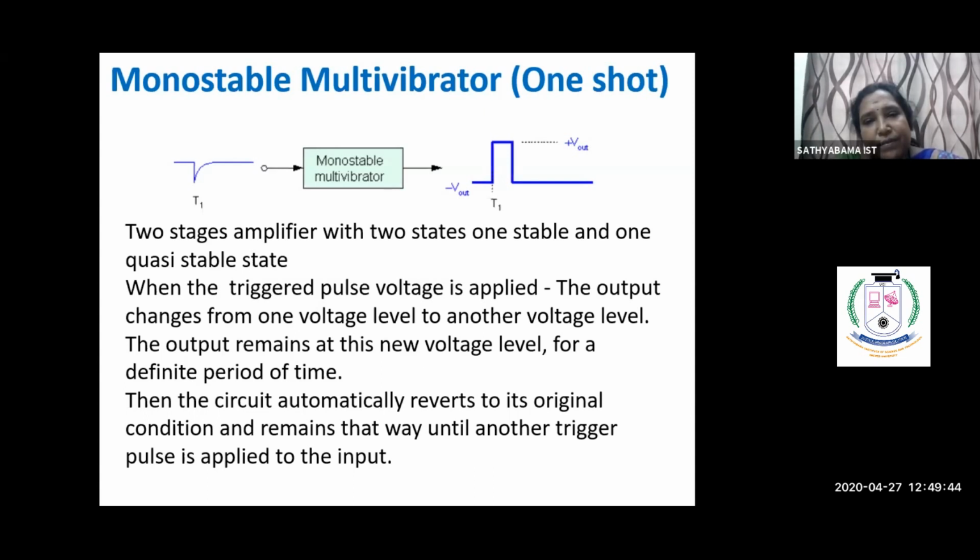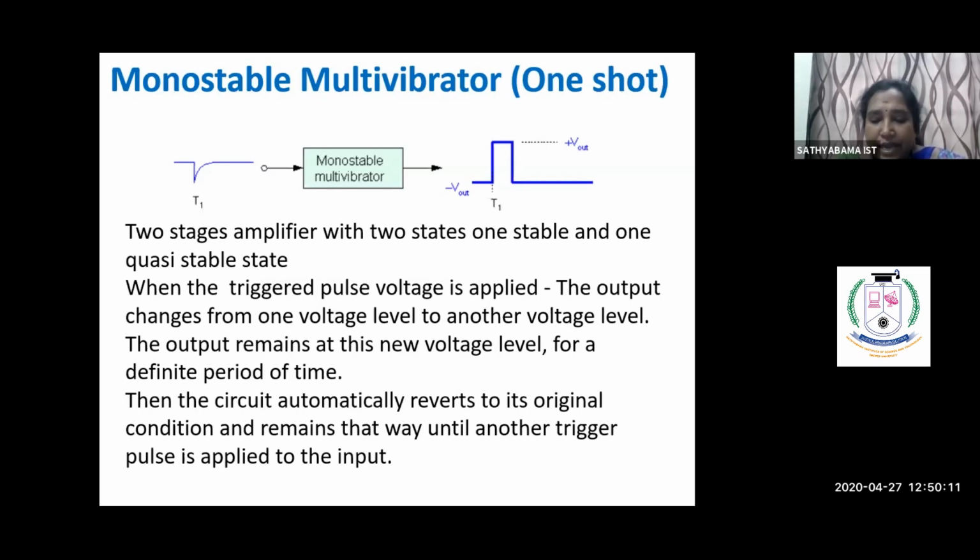Once you provide the trigger T1, the state changes from minus V out to plus V out. After some time the circuit automatically reverts to its original condition and remains that way until another trigger pulse is applied to the circuit. So this is the basic concept of the monostable multivibrator.